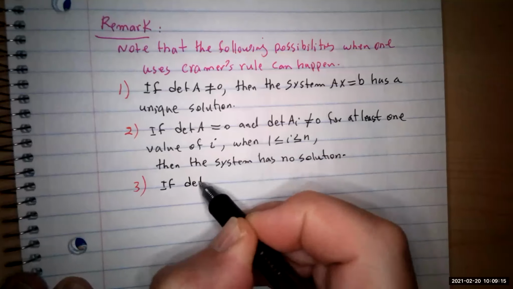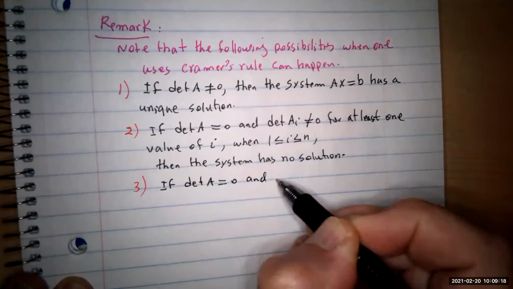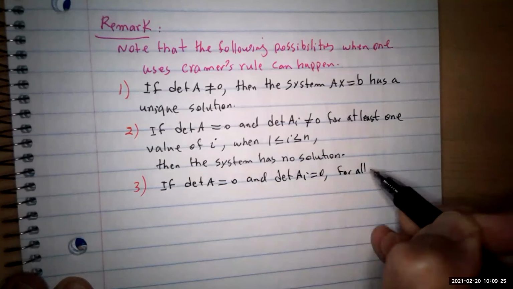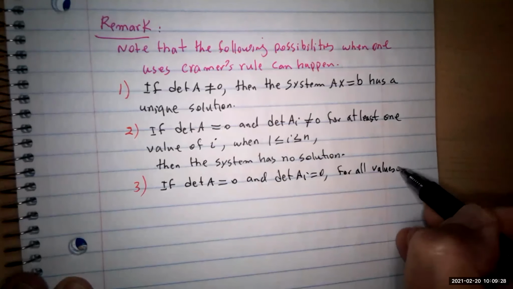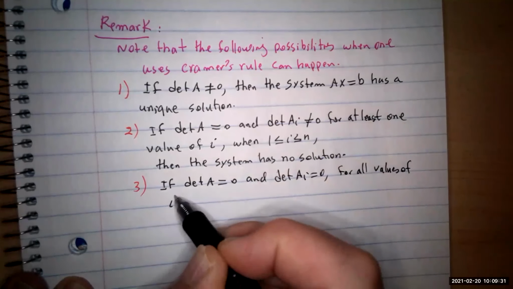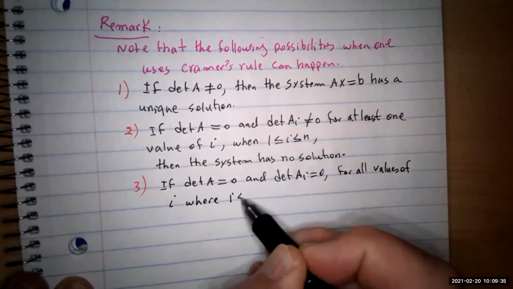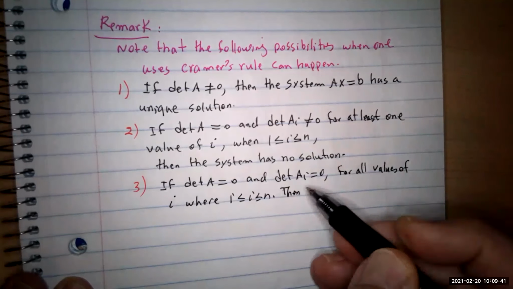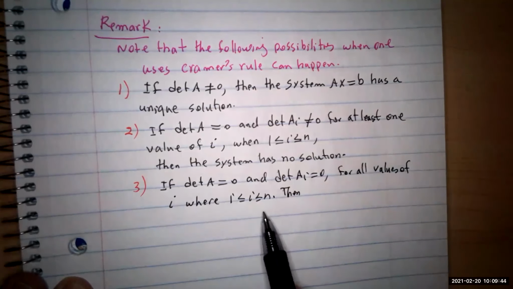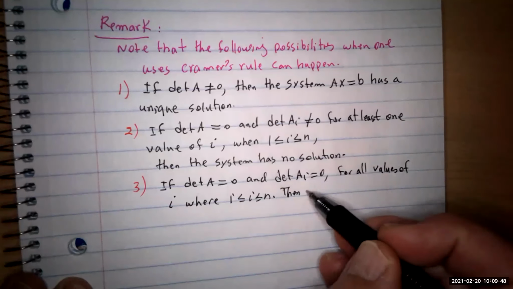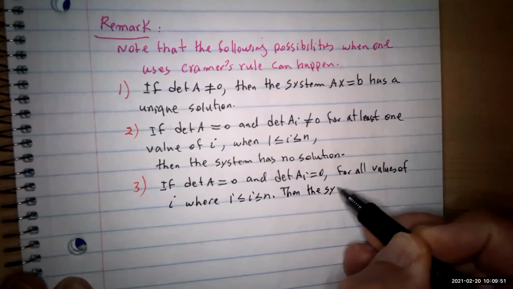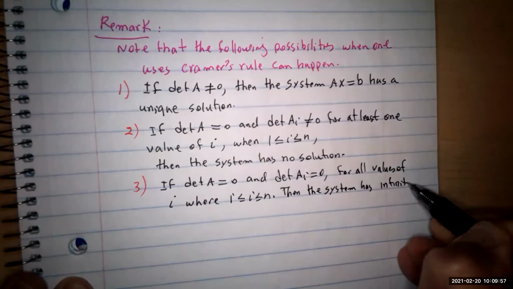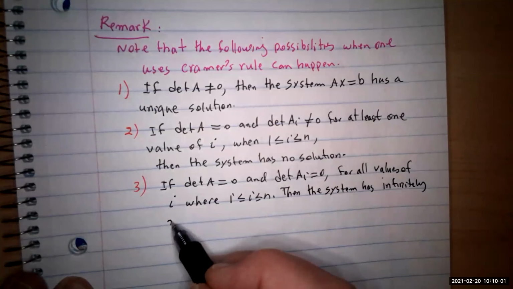If the determinant of A is equal to 0 and the determinant of A_i is equal to 0 this time for all values of i, where i is between 1 and n, then the system has infinitely many solutions.